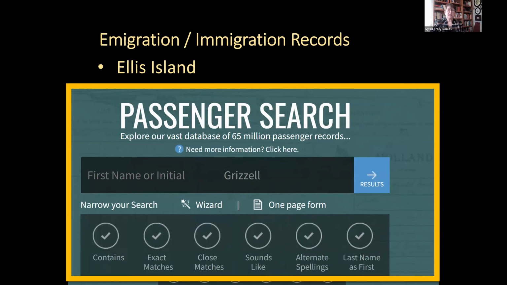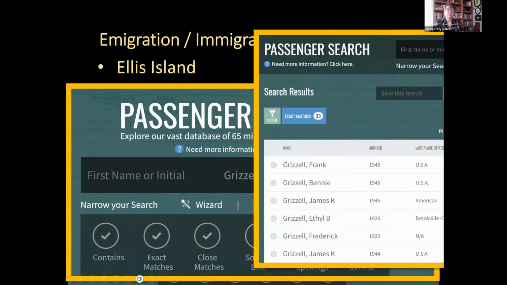I just put in Grizel. I'm not going to go into too much detail on this because my guess is the majority of you know how to use the Ellis Island search if you have people who have come in since the end of the 19th century. But they have lots of good options on there and they give you really nice results.